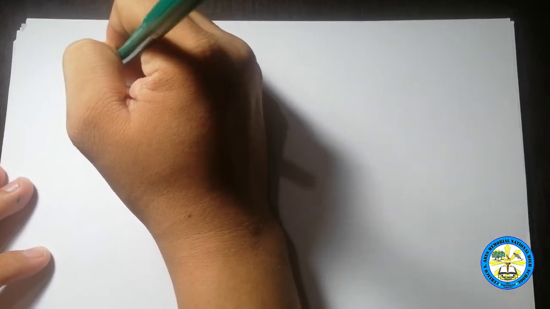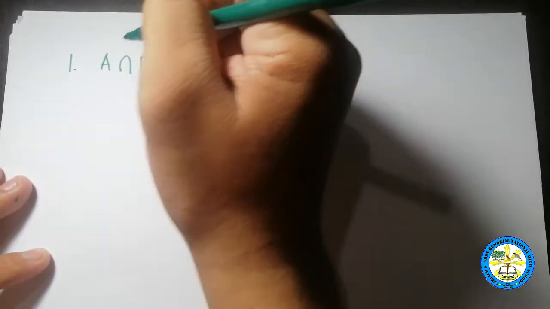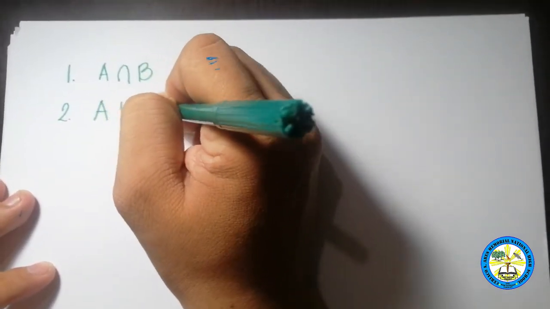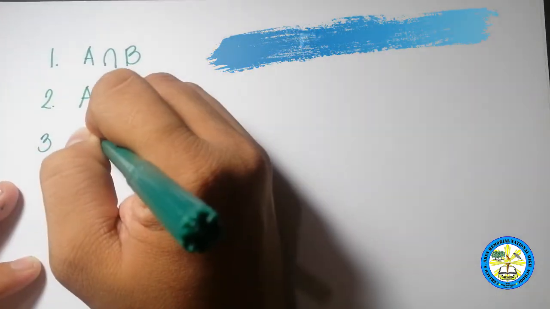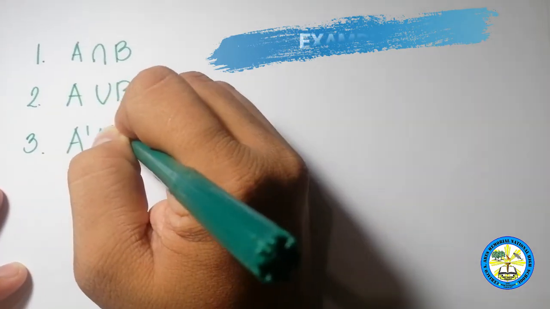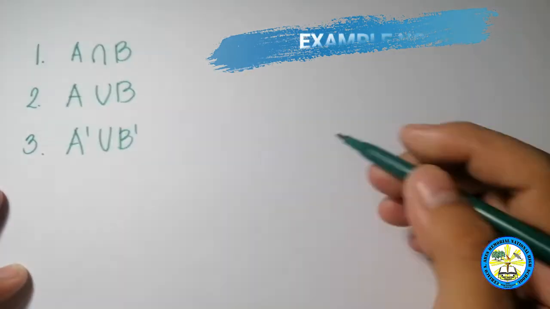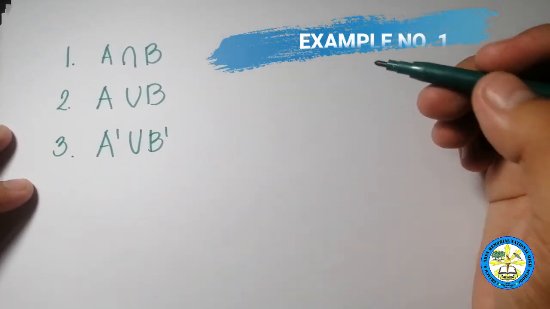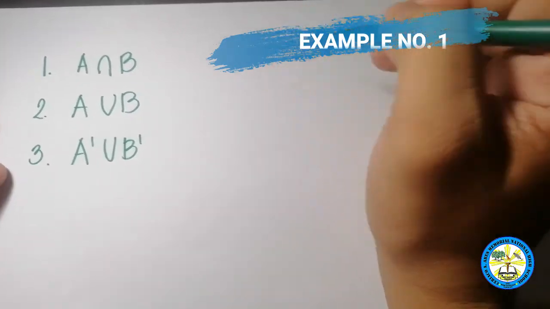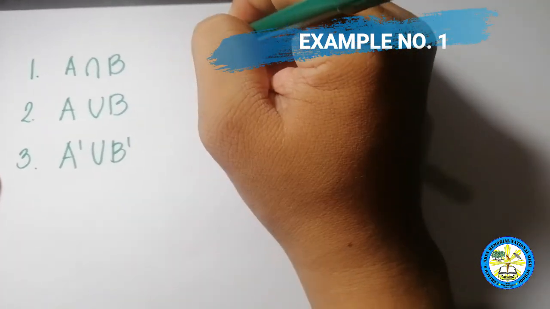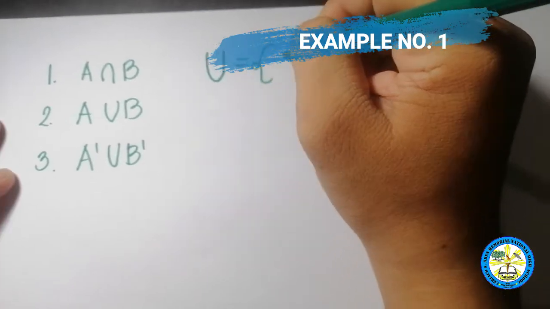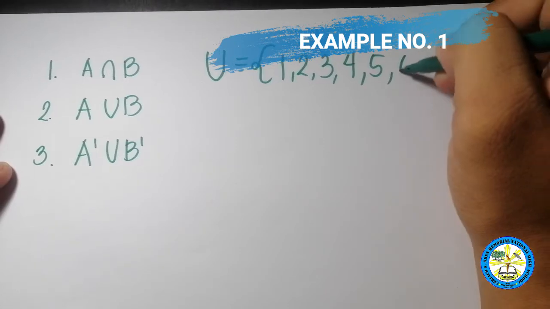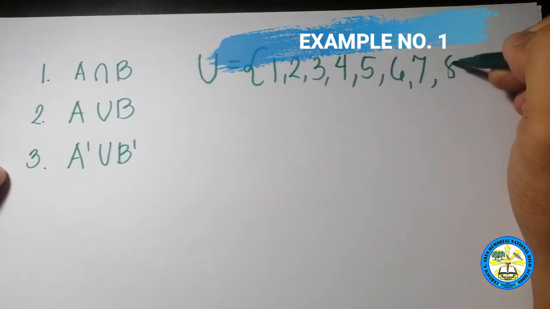So for example number 1, our first item is A intersection B, number 2 is A union B, and number 3 is A prime union B prime. As you can see, the first thing to do is write the universal set. So for the universal set, we denote it as letter U equals 1, 2, 3, 4, 5, 6, 7, 8, 9, and 10.